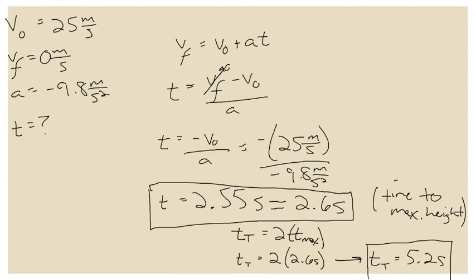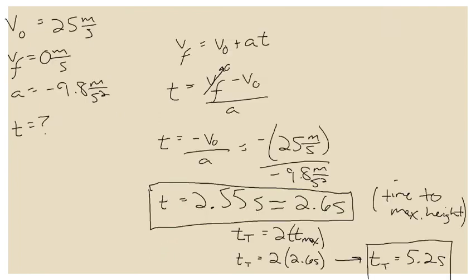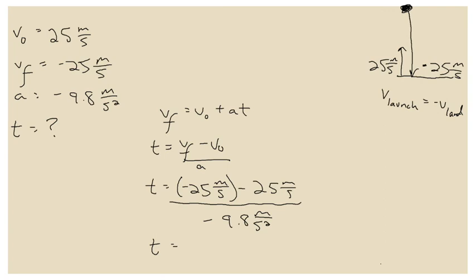Notice here that we are finding the total time in one step simply because the numerator in this new calculation is double the size of the numerator in the old calculation. And so when we take 50 divided by 9.8, we get 5.10.